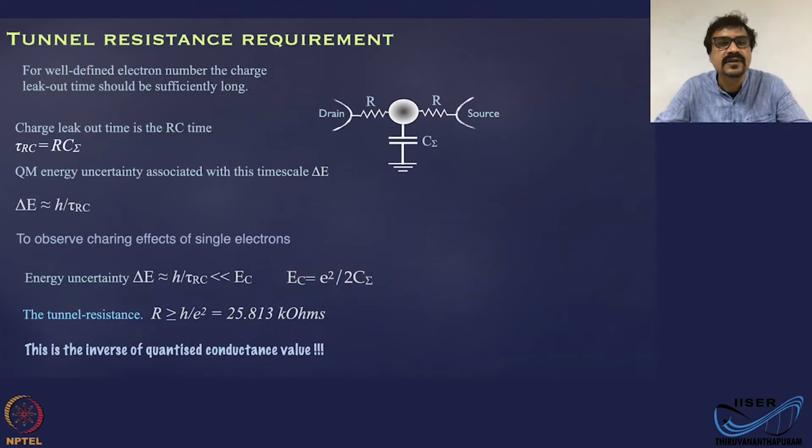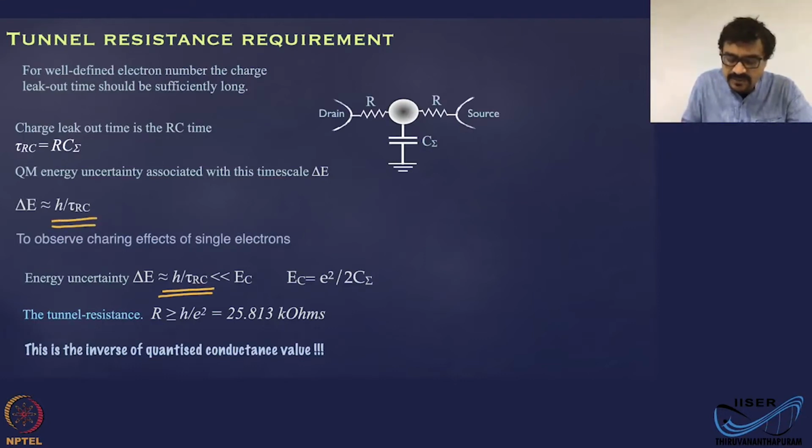Then only can you observe it. If this energy uncertainty and the charging energy are comparable, you will not observe it. To observe this energy EC in transport, the uncertainty in energy should be much lower than this. So delta E, the energy uncertainty, which is approximately h by tau RC, should be much smaller than EC.